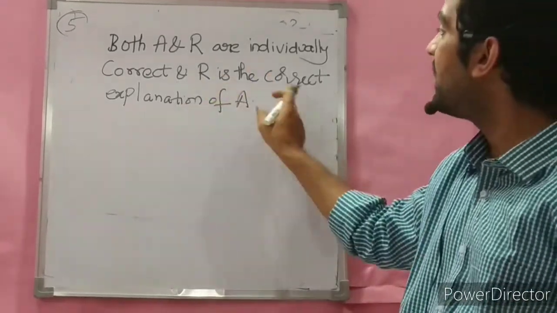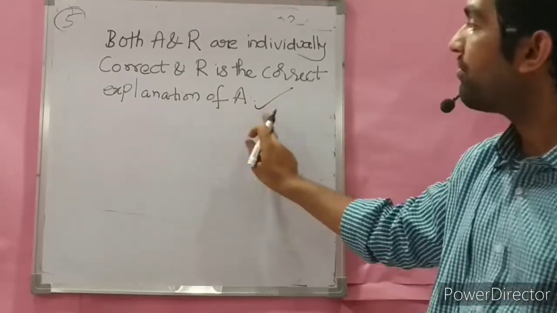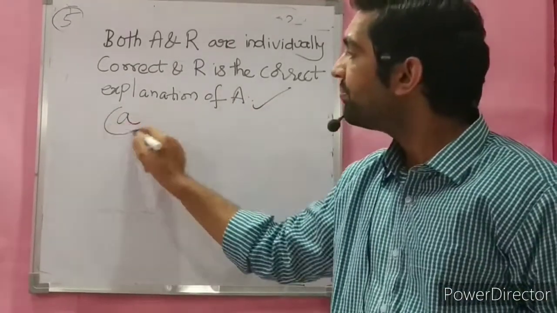Thus both are individually correct and R is the correct explanation of A. So the answer is A.